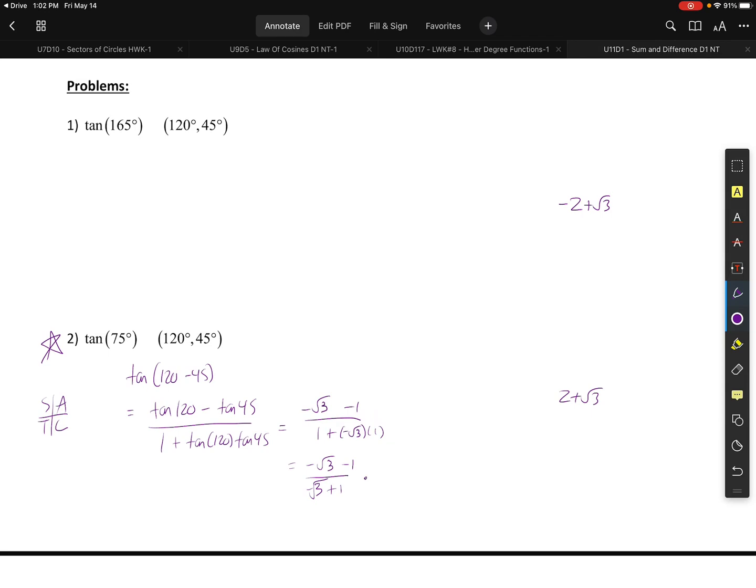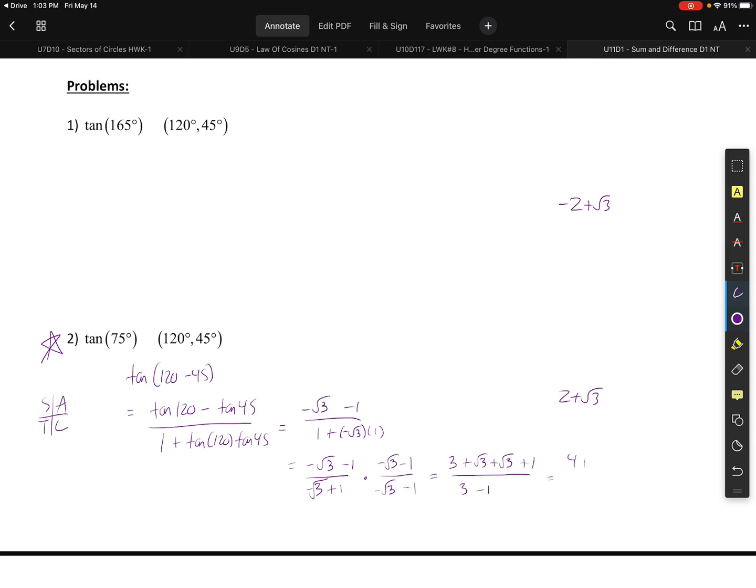Conjugate time. Multiply by negative rad 3 minus 1 on top and bottom. Go through the foiling: 3 plus rad 3 plus rad 3 plus 1 over 3 minus 1.